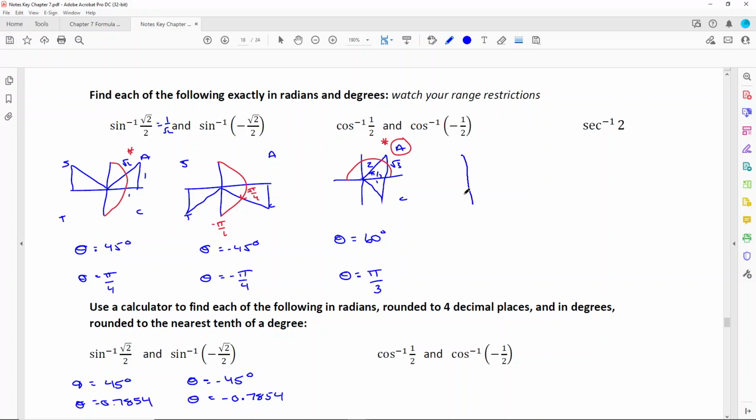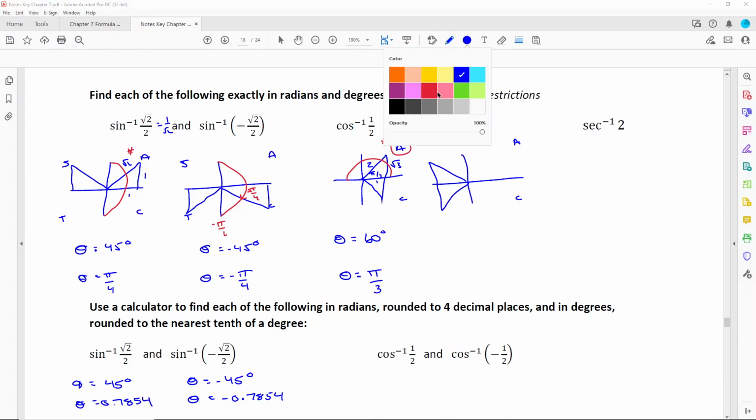So then if we did the same thing for the negative ratio, we know it's the same reference angle. It's just which quadrant do I give it in? Well, cosine is negative in quadrants 2 and 3, so the only one that's in the restricted range is the one in quadrant 2. So my answer would be, again, adjacent is 1, hypotenuse is 2, root 3. This would be a negative 1.